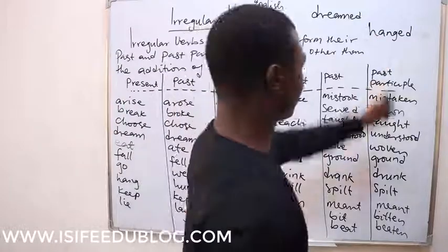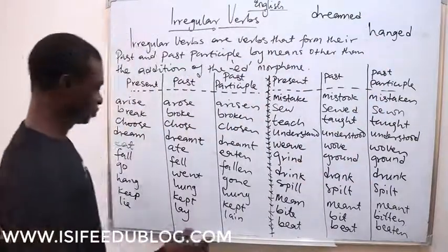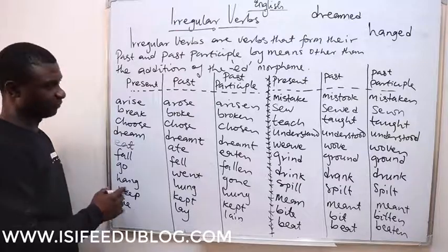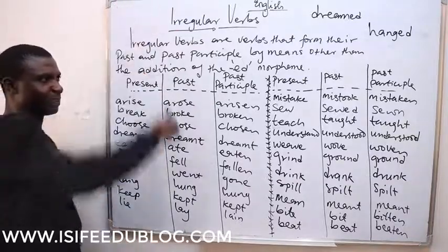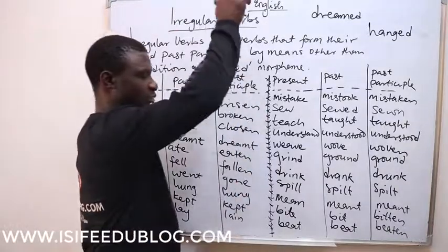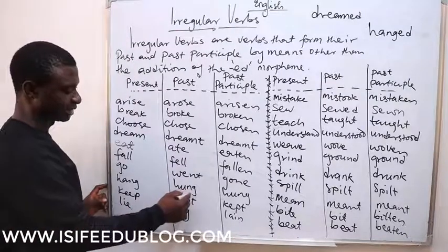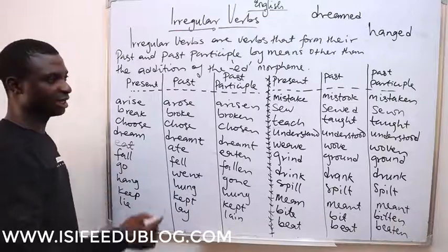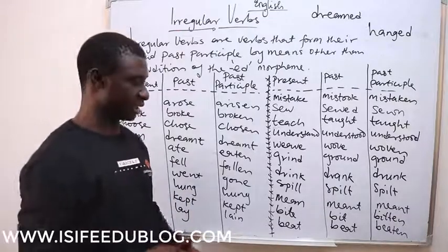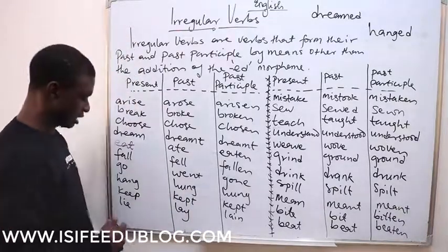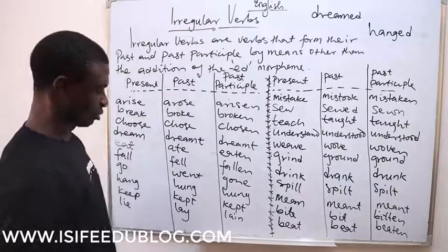That is for the suicide thing. But if hang means placing an object to stay somewhere up, the past tense is hung. I hung my bag on the wall.